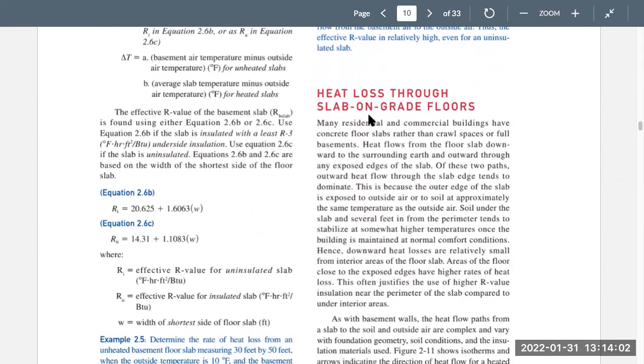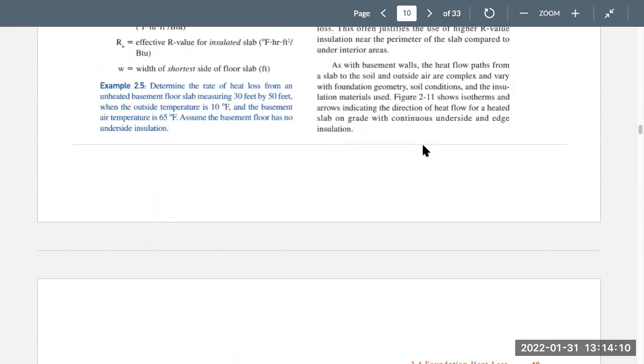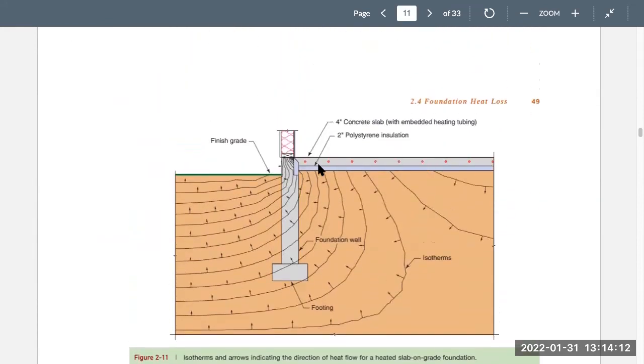Now we are going to switch to the same deal, but now we're dealing with heat loss through slab on grade floors. So this would be if we don't have a basement and we have insulation underneath our slab, and we have insulation also at the corner.